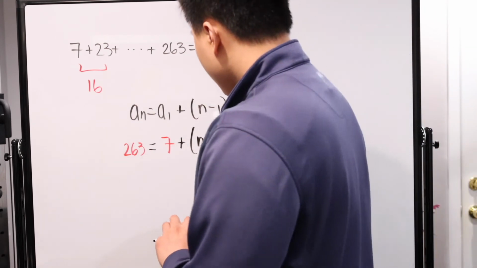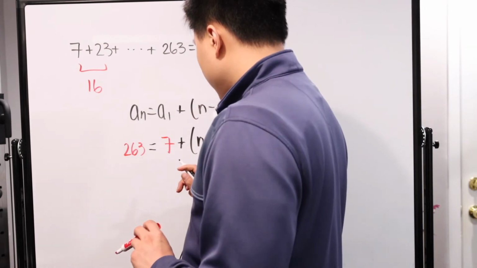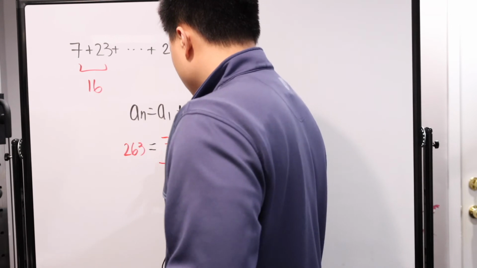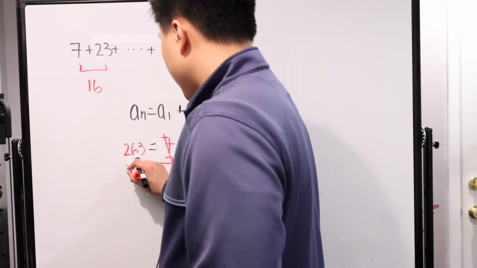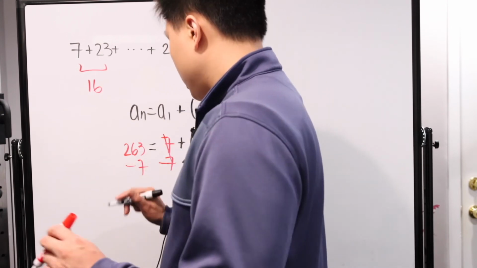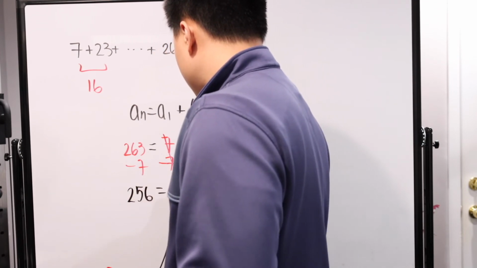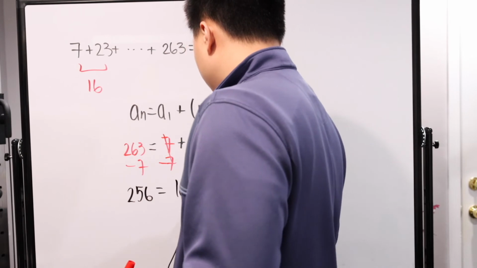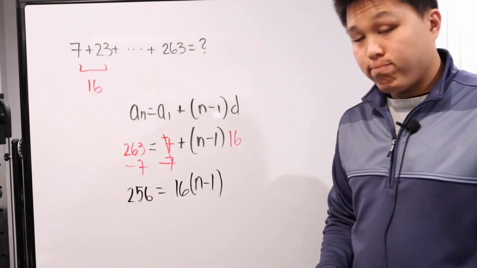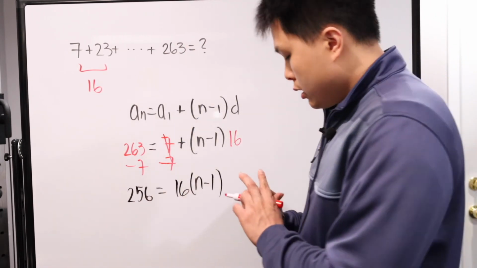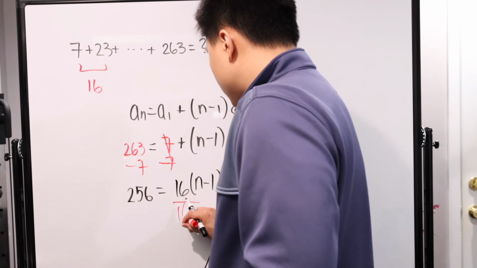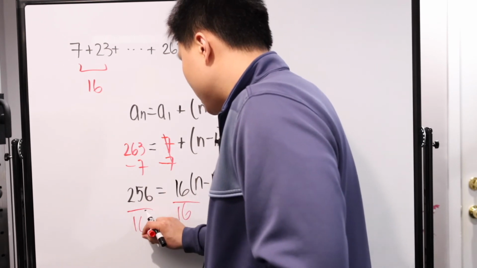So, what happens? Let's see. If I subtract 7 here, that gives me 256 equals 16 times n minus 1. Okay, getting somewhere. Divide by 16 on both sides.